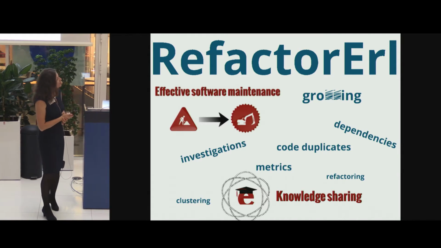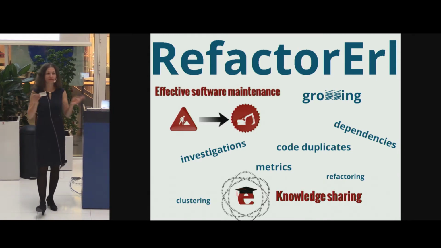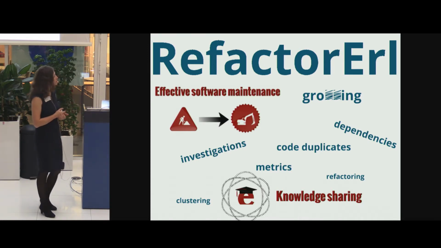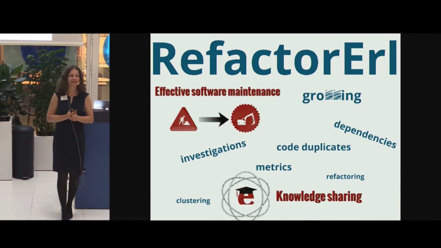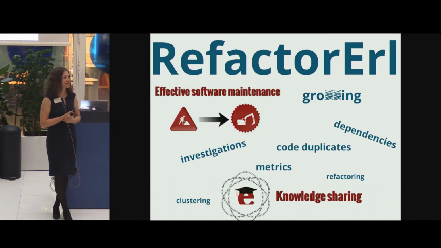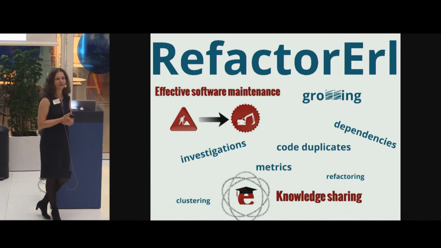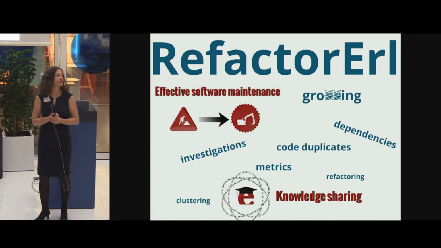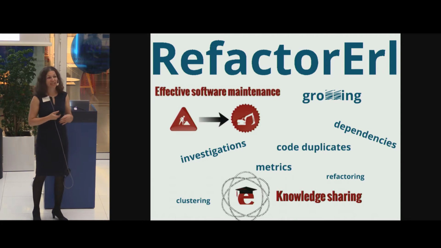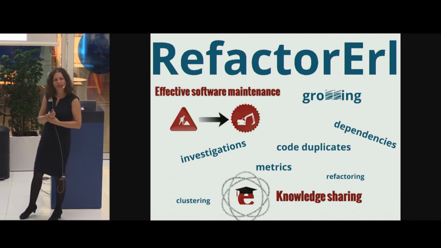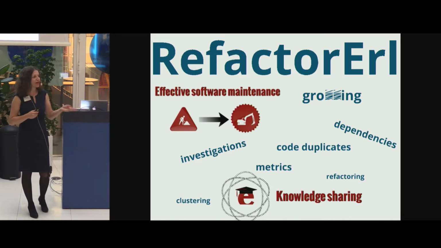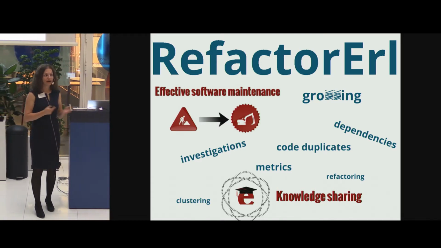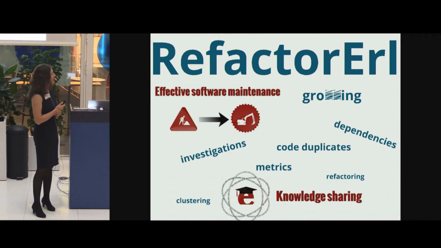So what we have is a tool chain in RefactorErl that has different functionalities like code browsing and querying different semantic information of the source code, and checking the complexity. You can check the complexity of your source code, and we try to help in bug finding and bug fixing as well.